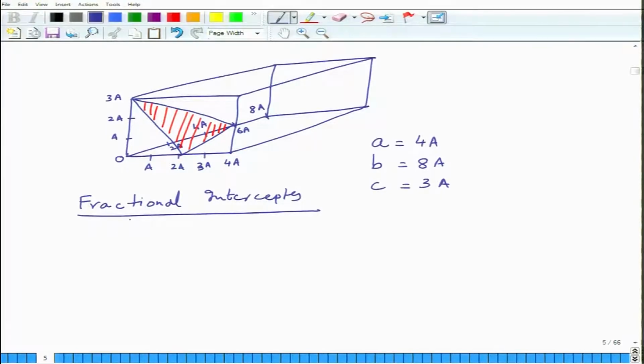What are the fractional intercepts? So, the fractional intercept along x is 2a by 4a, along y it is 6a divided by 8a, and along z it is 3a divided by 3a. So, this is 1 over 2, this is 3 over 4 and this is 1. So, now you need to convert this into reciprocal.